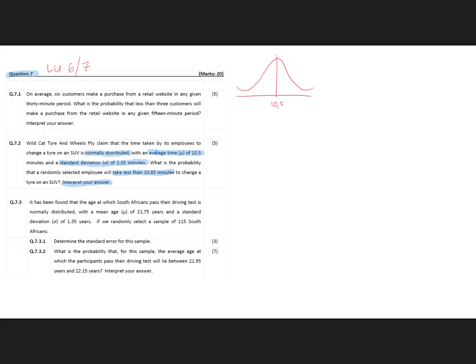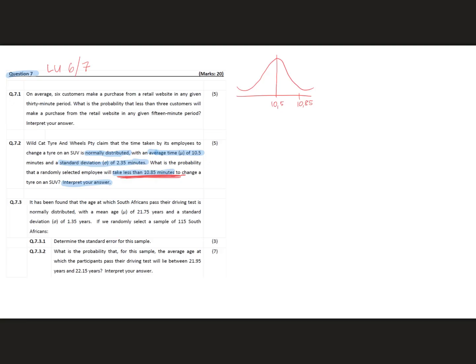And now we look at the actual question itself. The question said, what is the probability that a randomly selected employee will take less than 10.85? So the first thing we're going to do is plot down the 10.85, which would just fall somewhere to the right. Remember, this is a normal number line, so it increases to the right and decreases to the left.